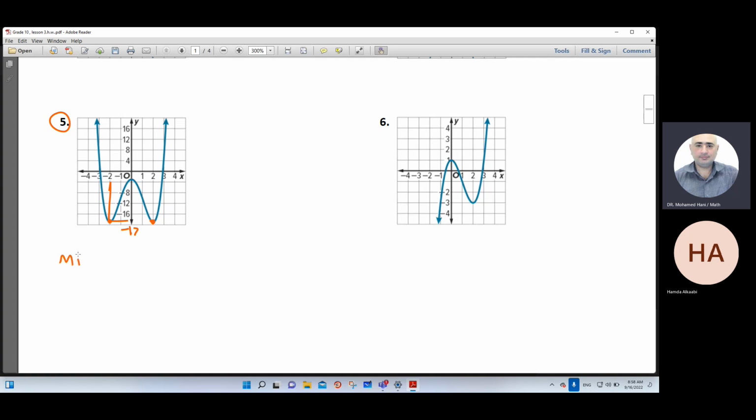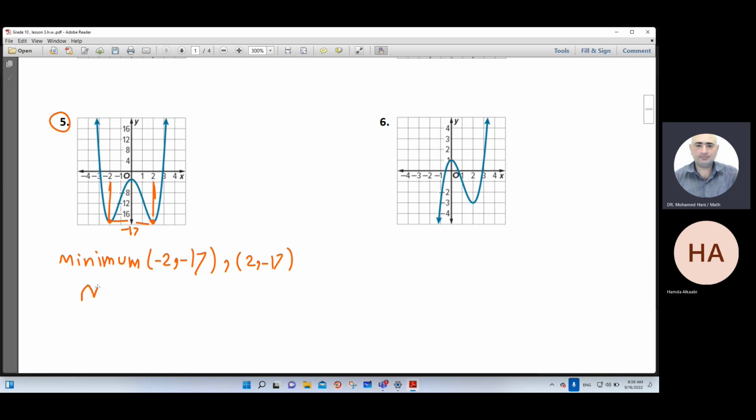So the minimum: the first point is (-2, -17), and the second point is (2, -17).